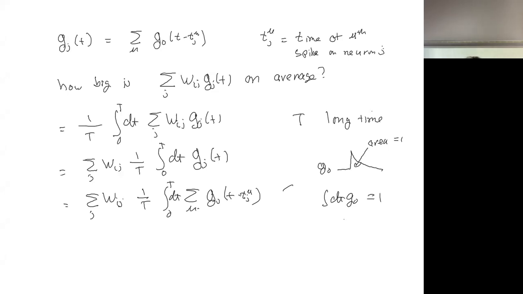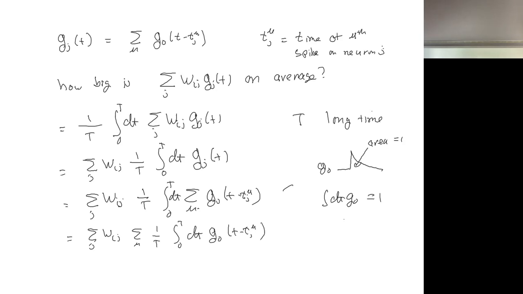We're going to write this again: the sum on j of Wij, the sum on mu of 1 over T, the integral from 0 to T dt of G0 of (t minus Tj mu).